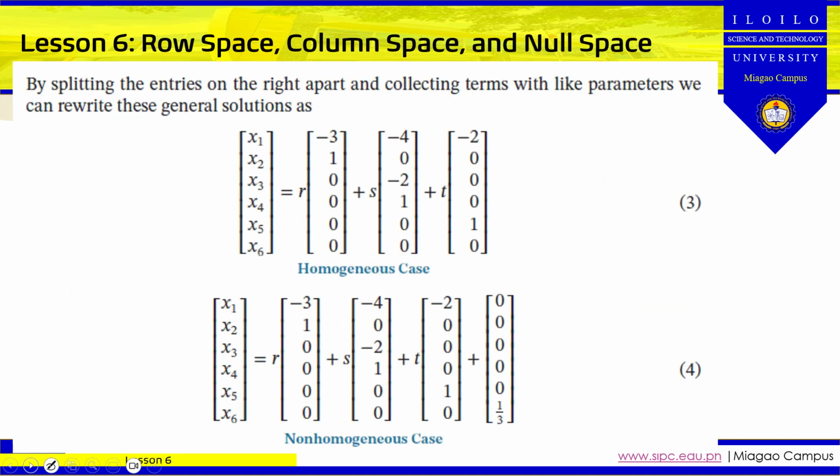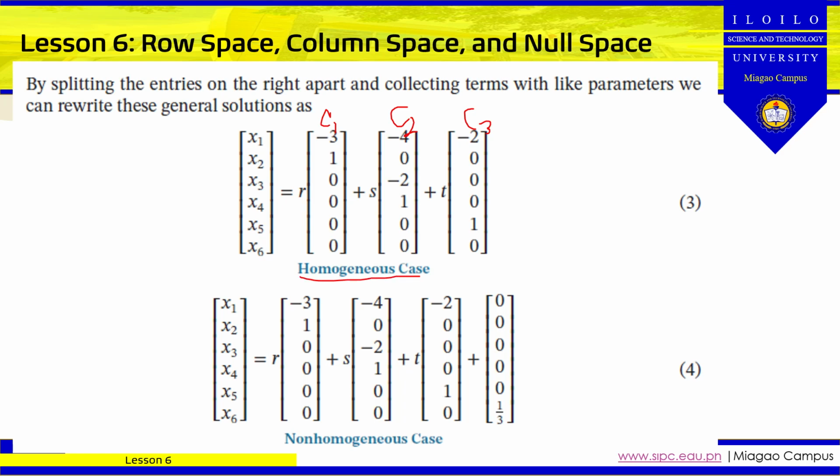By splitting the entries on the right part and collecting terms with like parameters, we can rewrite these general solutions as x is equal to r times c1, this is c1, c2, and c3. We have r c1, plus s c2, plus t c3, wherein this is the homogeneous case.